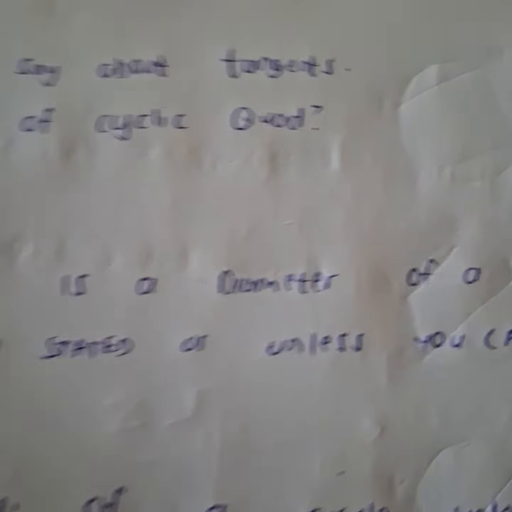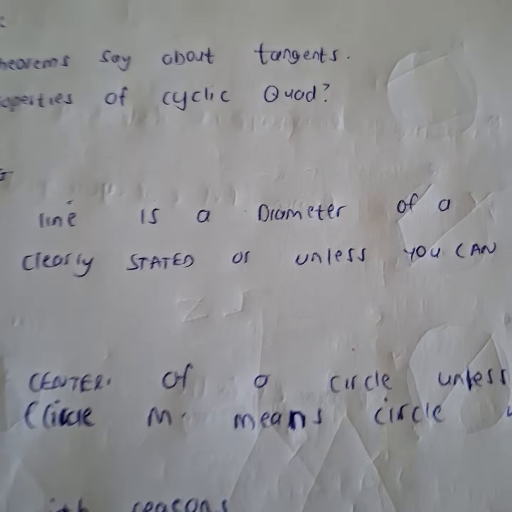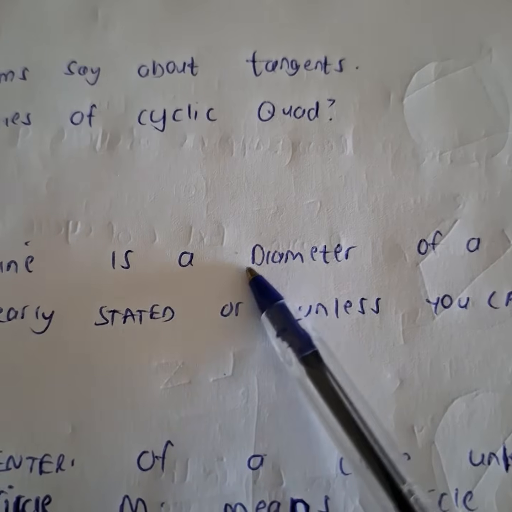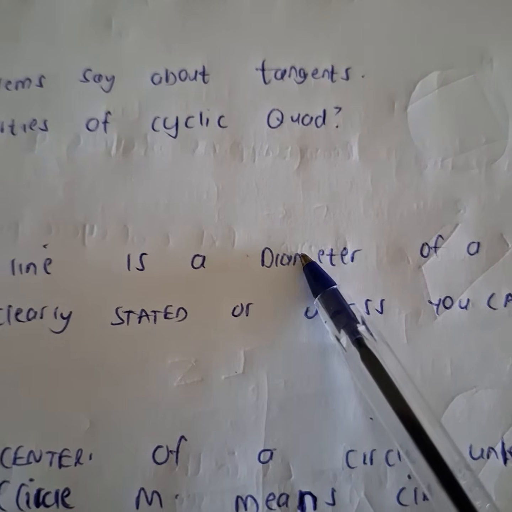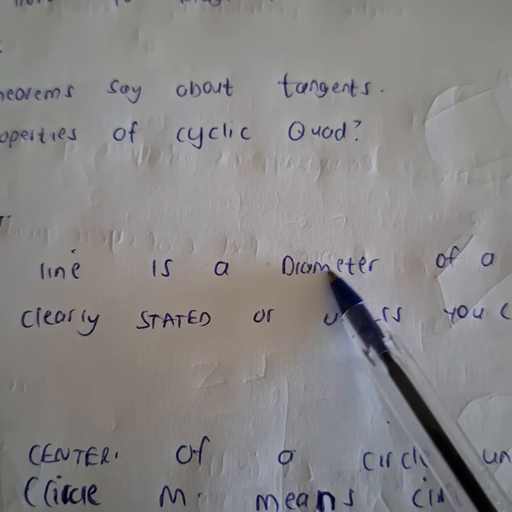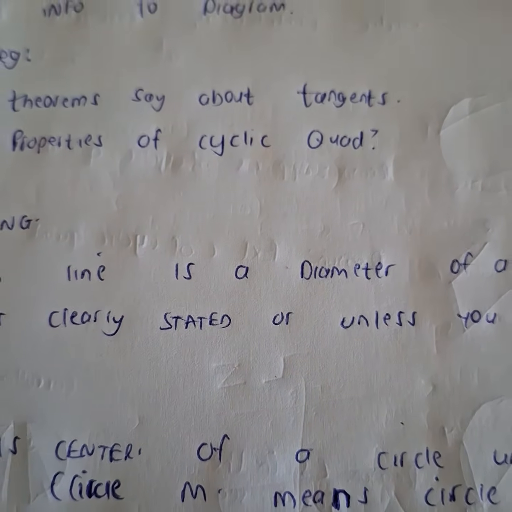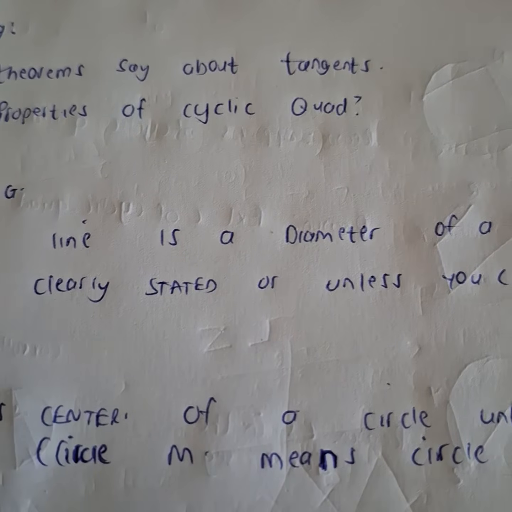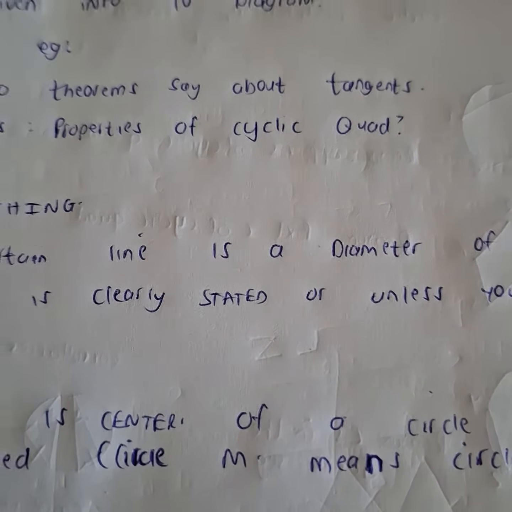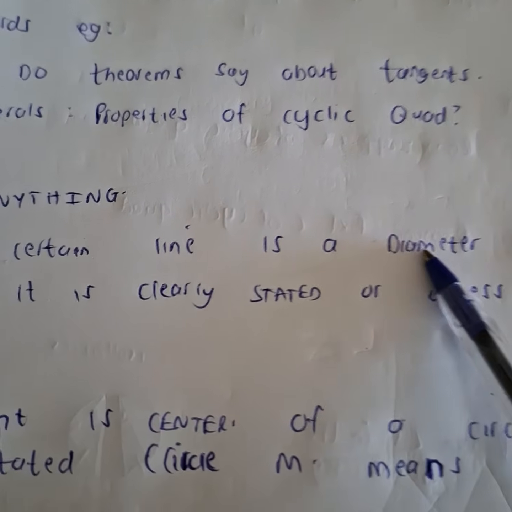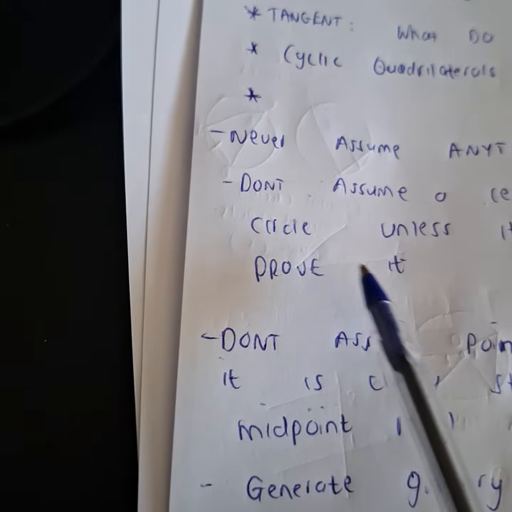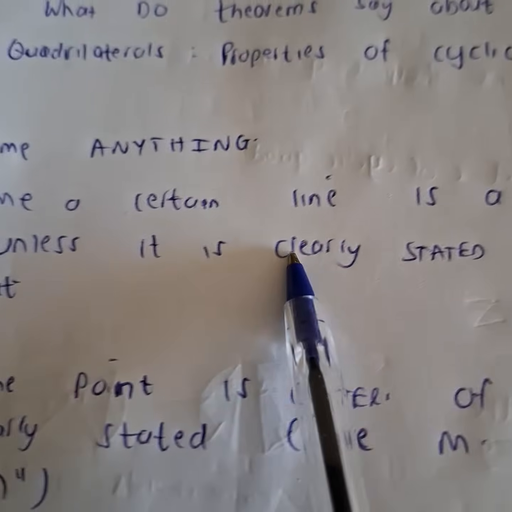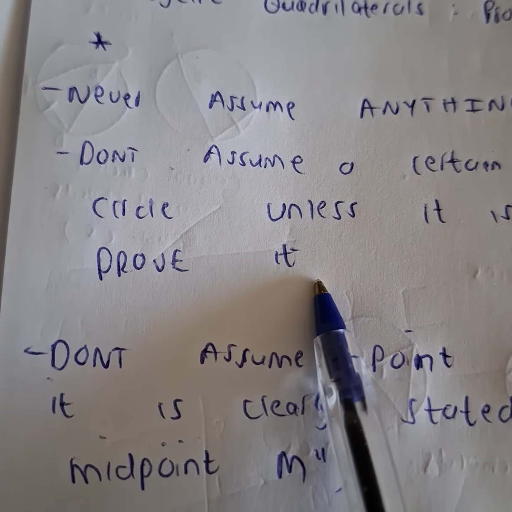When you look at the diagram, remember diagrams are never drawn to scale, it might look like a particular line, which is a chord, is a diameter, because it looks like it passes through the center, the midpoint of the circle. But please, never assume. Don't assume a certain line is the diameter of a circle unless it is clearly stated or unless you can prove it is a diameter.